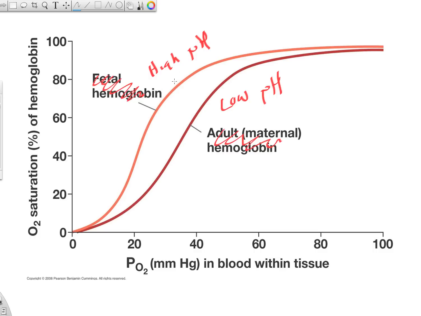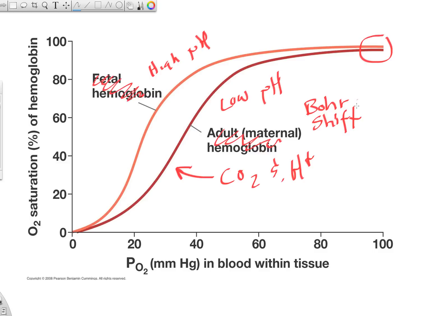And if you see a graph that has those labels, then it's probably going to also be labeled a graph of the Bohr shift, because the Bohr shift represents the effect that carbon dioxide and protons have on the affinity of oxygen for hemoglobin. So those are equivalent.